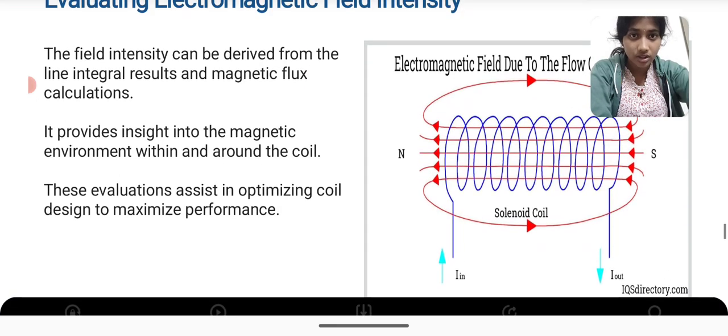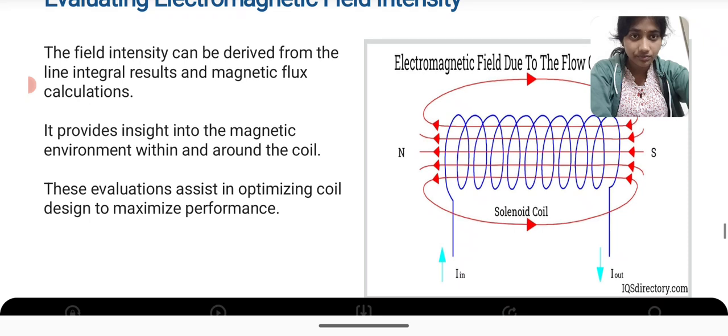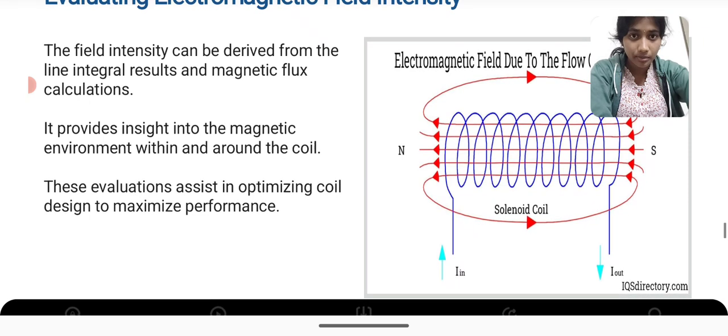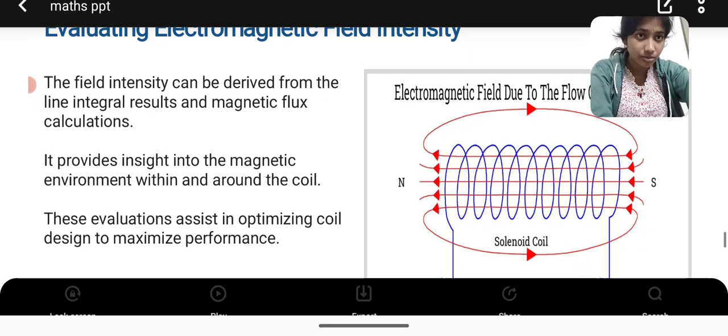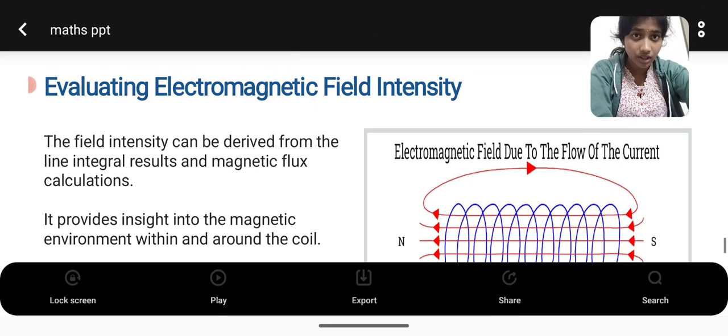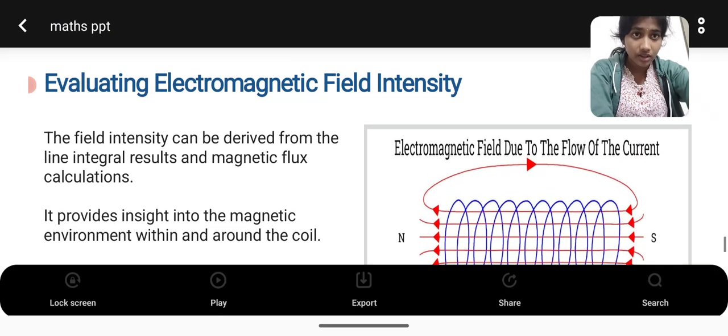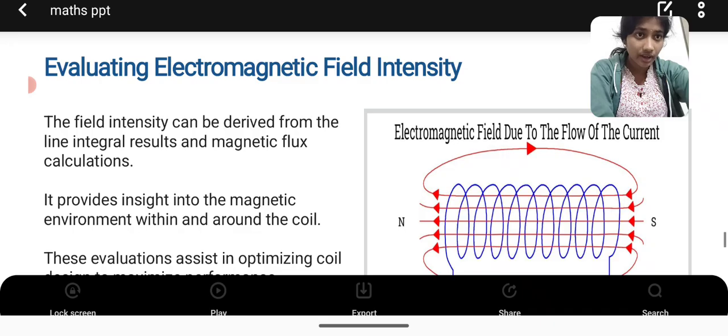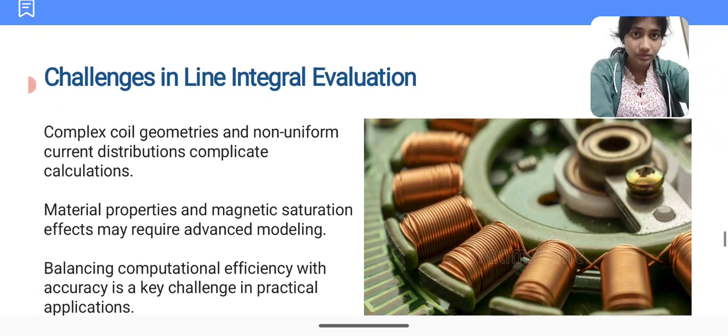This evaluation assists in optimizing coil design for maximum performance. This is a relevant image for evaluating magnetic field intensity. Electromagnetic field due to the flow of current.